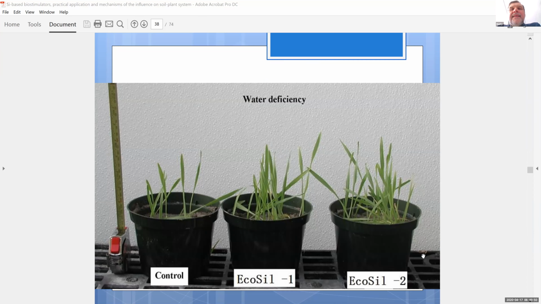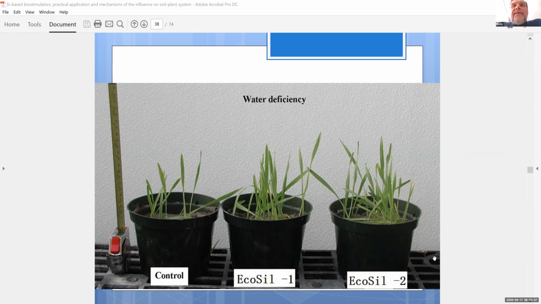So it's another example: if we apply silicon fertilizer or a silicon-rich biostimulator like Ecosil, we can increase plant resistance against water deficiency.